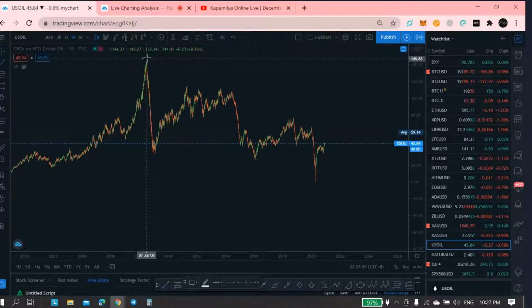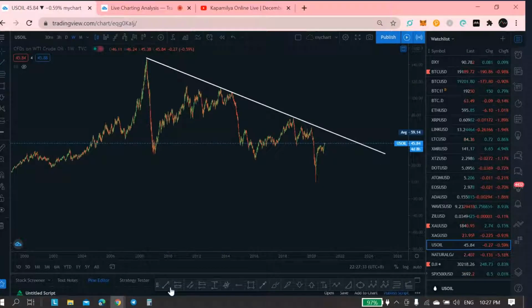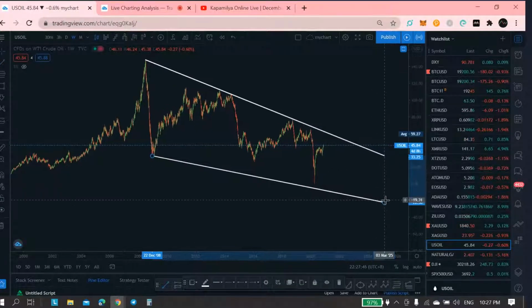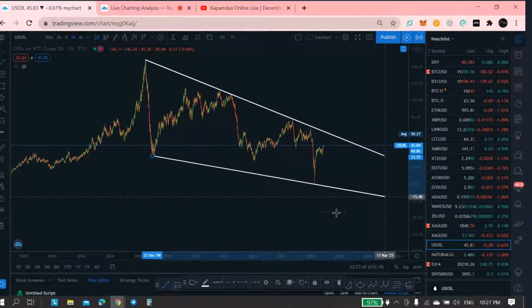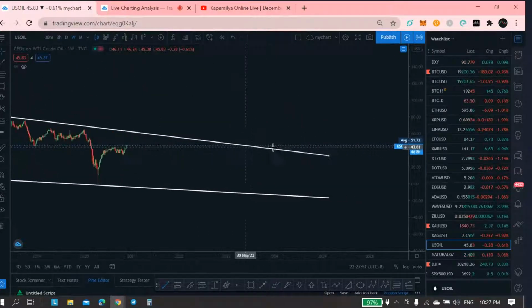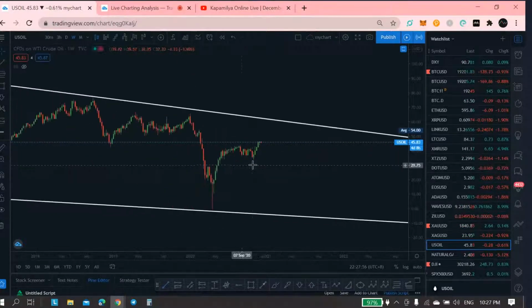It's still within this long-term downtrend area, but currently trending higher.